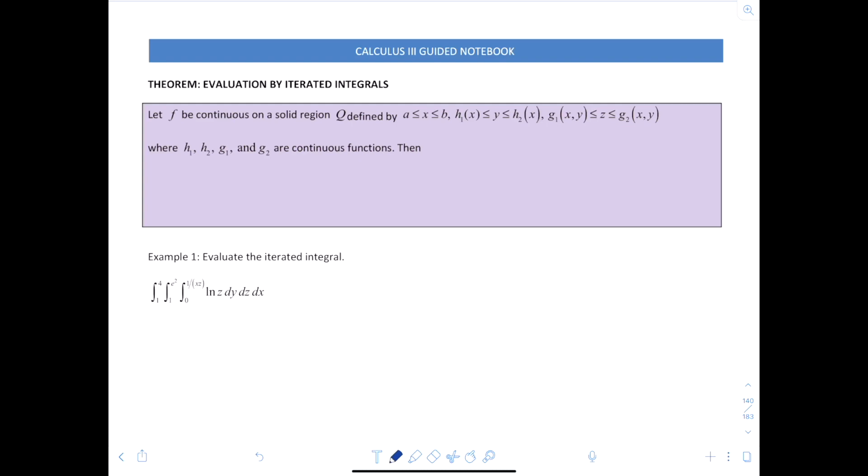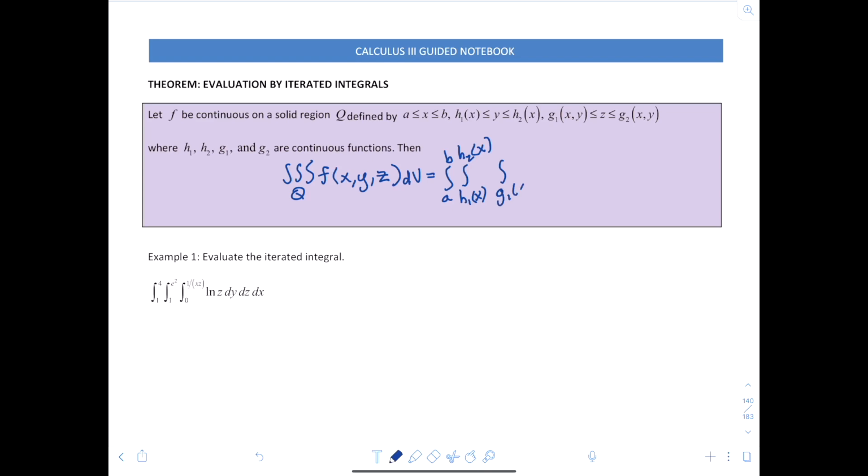If that is the case, then this triple integral over the region Q of f at x, y, and z with respect to v is equal to the integral from a to b, that one's going to relate to the x, the integral from h1 at x to h2 at x, that's going to relate to the dy, and the most inside one will be the function of x and y.